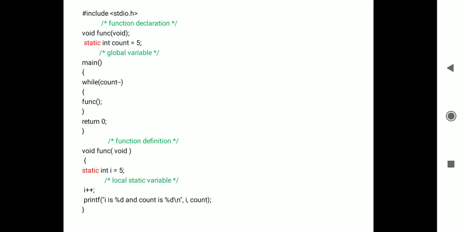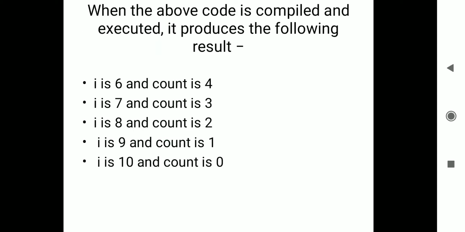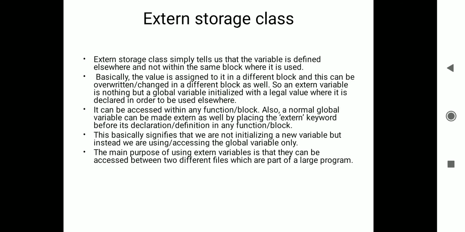Next, after the function definition, static is written with the storage class and i is assigned 5 and incremented. In the first loop it decrements and in the second loop it increments: i goes 6, 7, 8, 9, 10, and in the next loop the count decrements 4, 3, 2, 1 likewise.